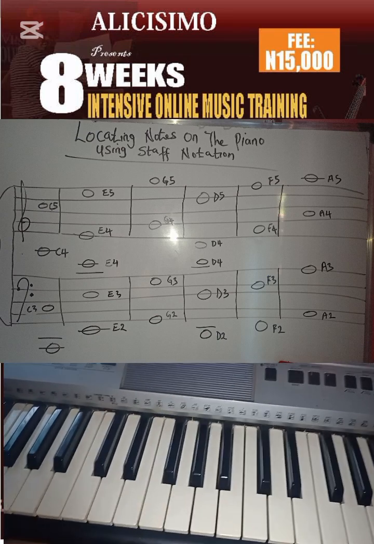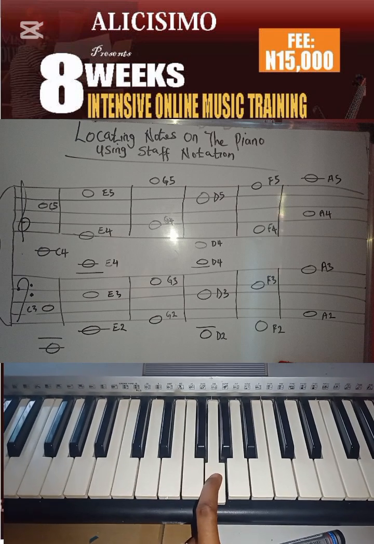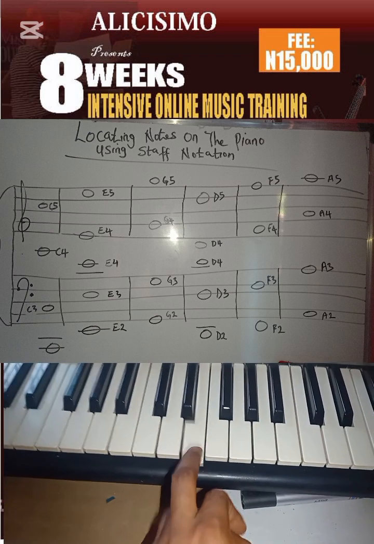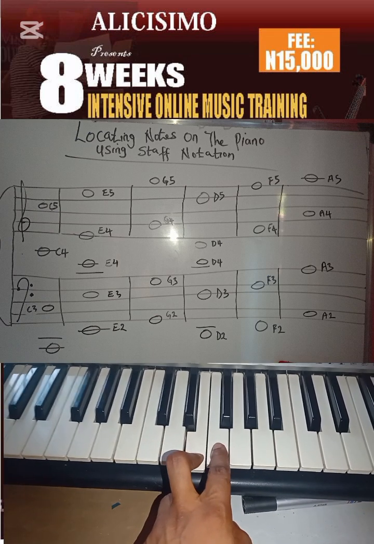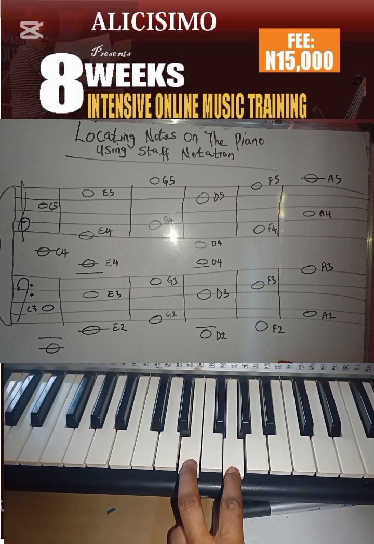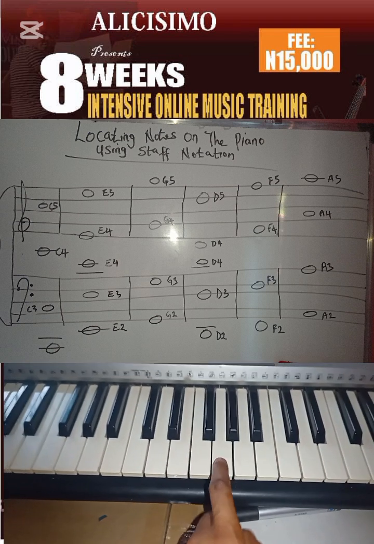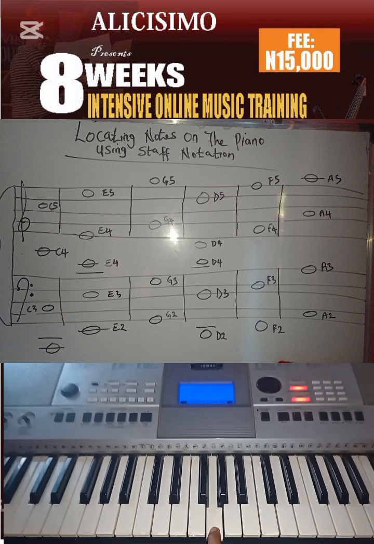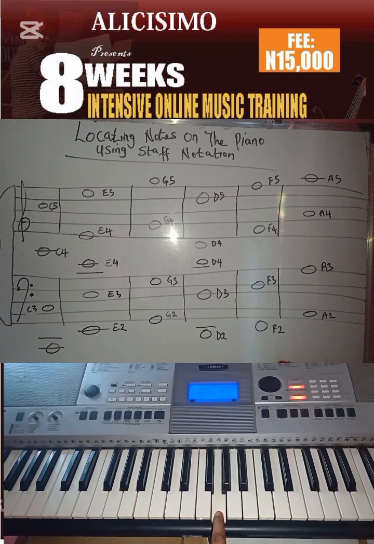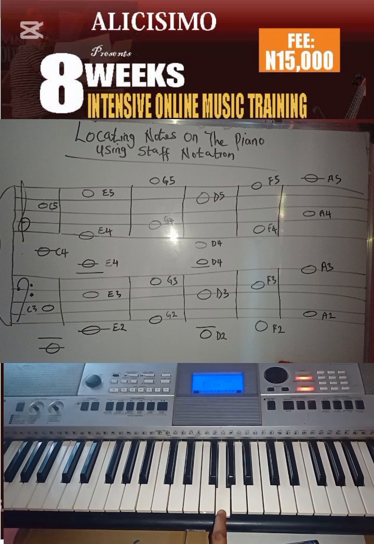So let's go to G. This is the second line in treble clef. Just as you see now, I told you after a line we'll have a space before another line. So you see how it is, a third. This is the second line in treble clef. Look at the keyboard very well, don't play it any other place.